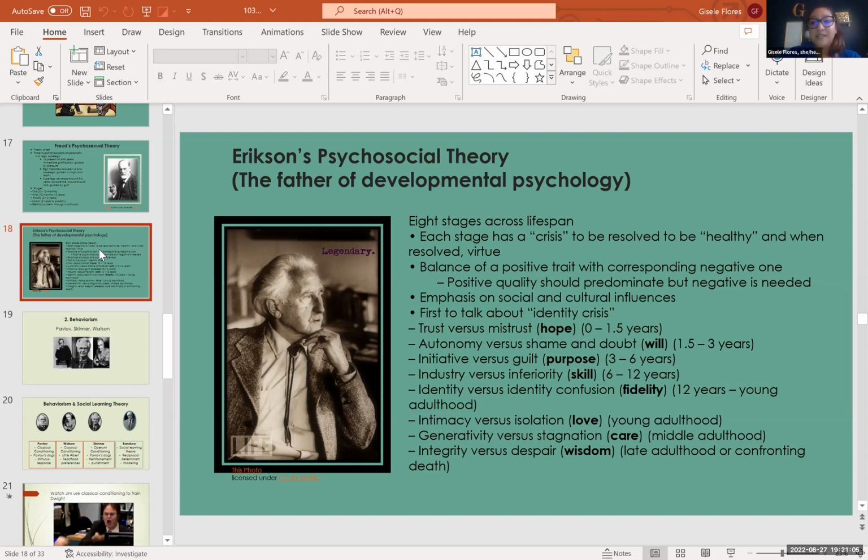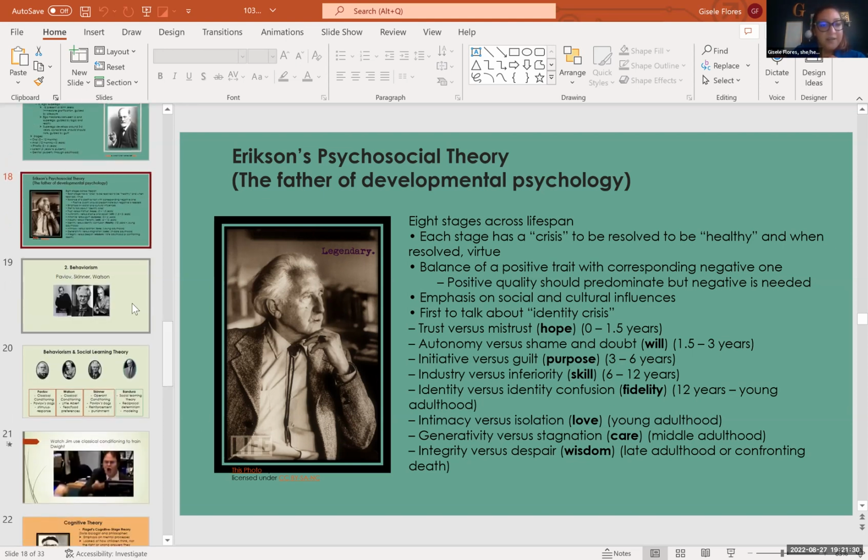It's interesting to see the changes that have been made because of that time in isolation. But if there's a balance, then that virtue is love. And then the next two, generativity versus stagnation, and then integrity versus despair, are middle adulthood and late adulthood, confronting death. So I won't go into too much detail in those two because we don't cover them too much in our class.